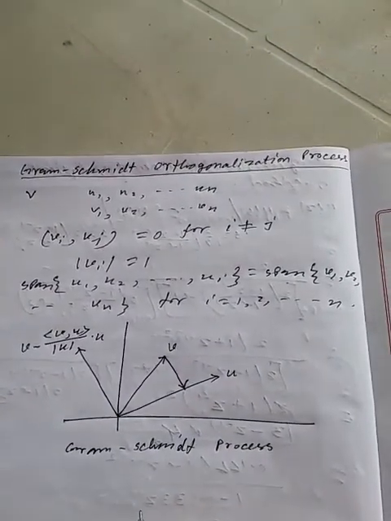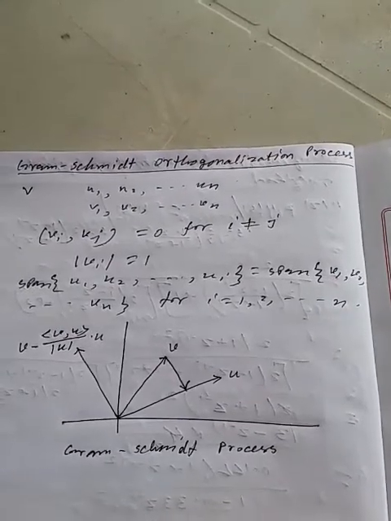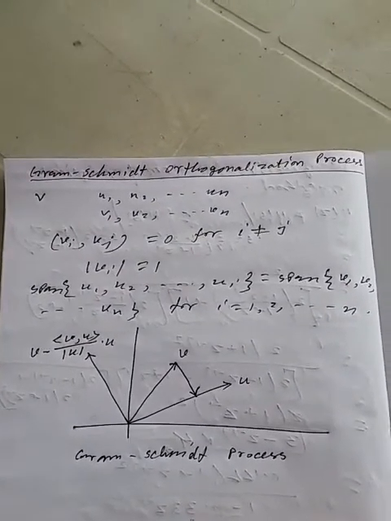Now suppose we are given two vectors, u and v, in a plane.